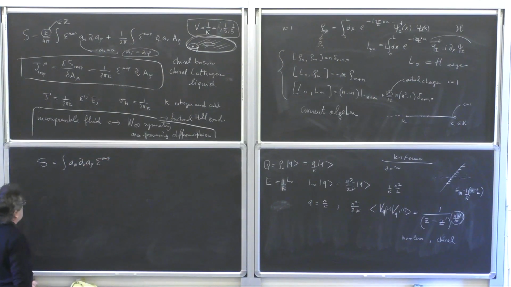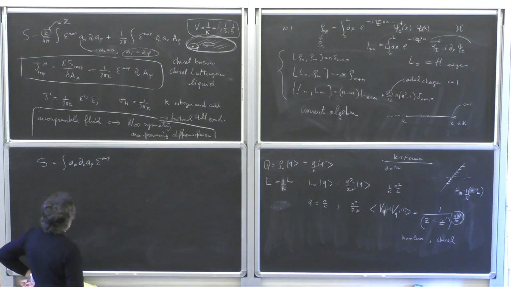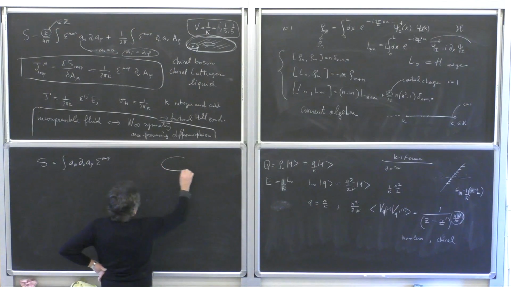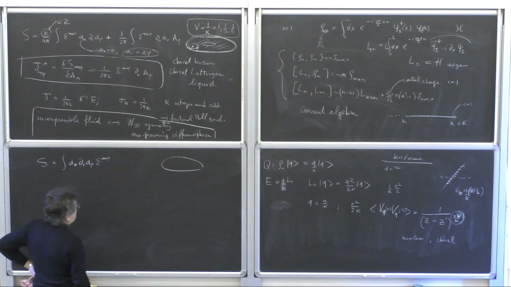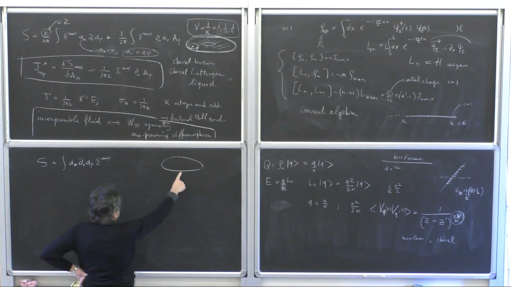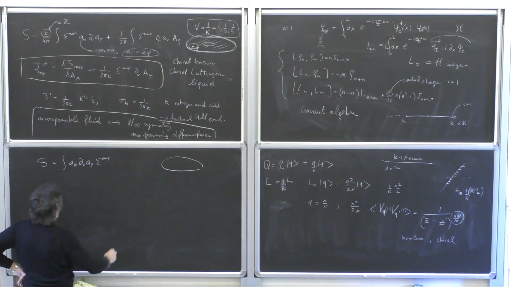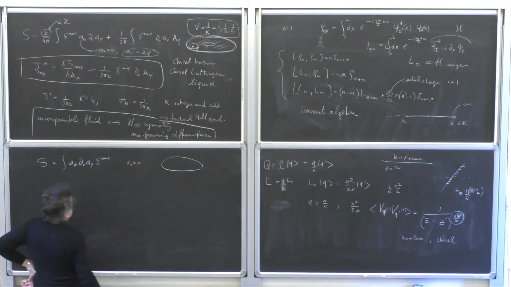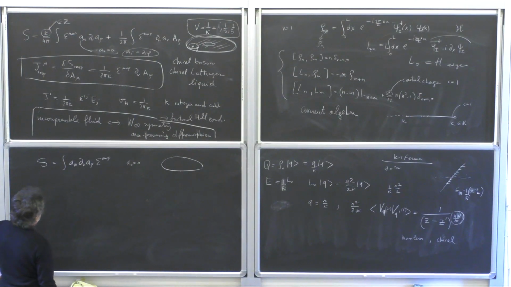Okay, and then you do a kind of reduction on the boundary. So you take one boundary, and you want to reduce this to a 1 plus 1 dimensional theory on the boundary. And so you have first to put A0 equal to 0, which is a possible gauge choice.